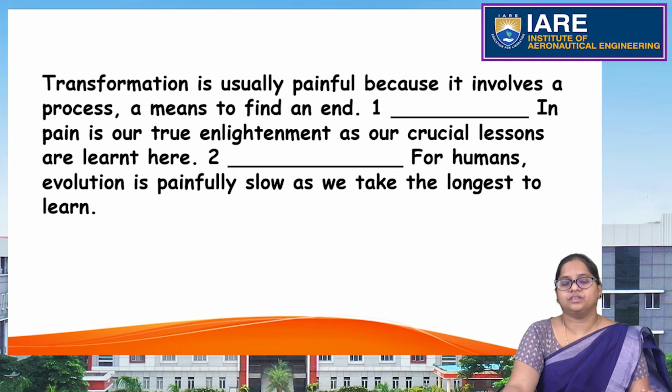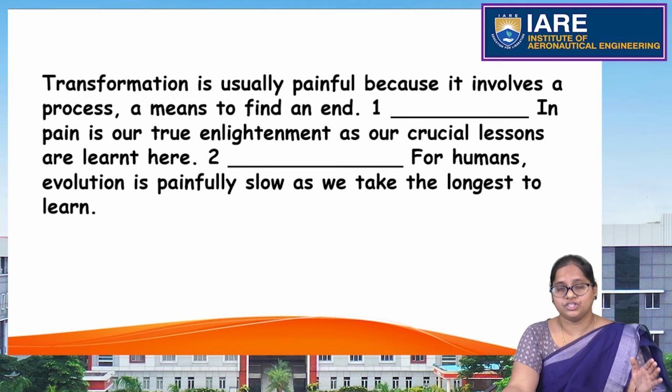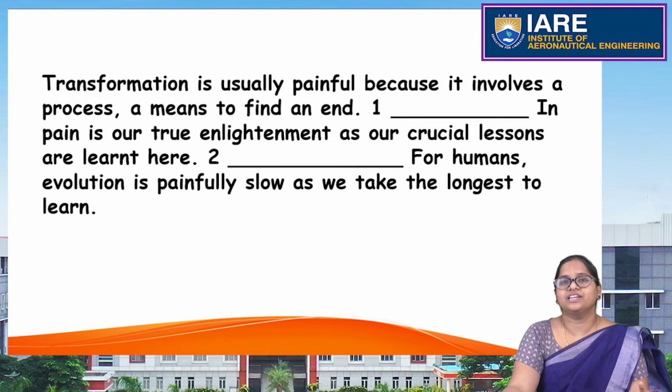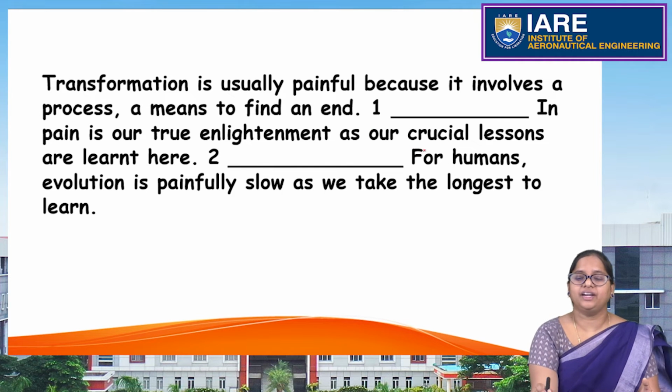Now again, a jumbled paragraph. Let us start. Transformation is usually painful because it involves a process, a means to find an end. So it's talking about the transformation, which is very painful because it involves a process, a means to find an end.